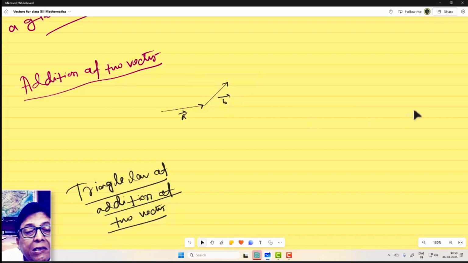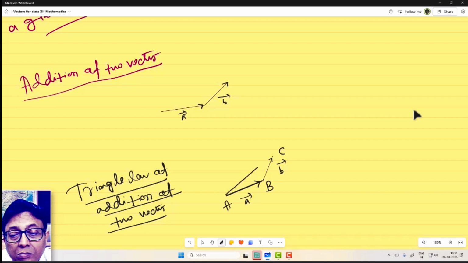So to add two vectors, you take vectors A and B. The second vector, you have seen that we have started from the tip of the first one. This is A, this is B. They form the sides of a triangle. These two vectors AB and BC. By the triangle law, this will be the sum of the two vectors A and B.